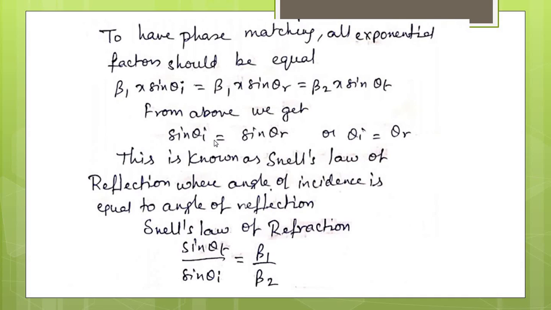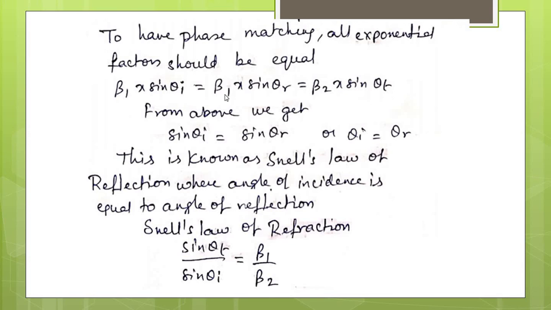Now the wave which is transmitting from medium 1 to medium 2 doesn't undergo a phase change. So this phase will be the same throughout. Therefore we can equate the phase terms, all the exponential terms, that is beta 1 x sin theta I is equal to beta 1 x sin theta r is equal to beta 2 x sin theta t.